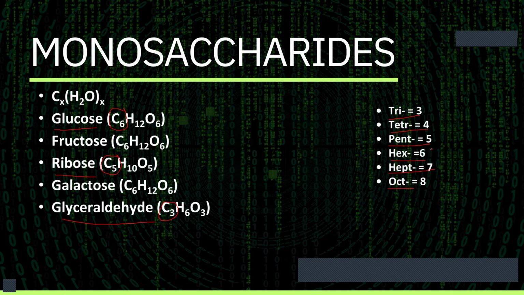Now, most commonly, when it comes to a biologically relevant sugar, we're talking about hex or six carbon molecules. Now, with that said, we use a suffix O, S, E for each of these.